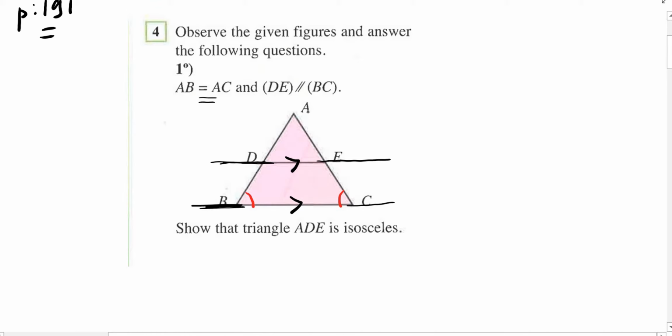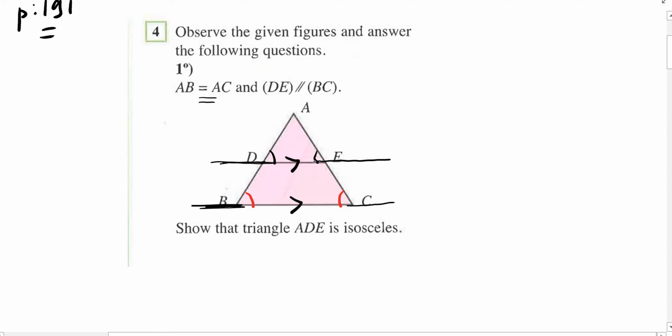Now again, for triangle ADE, I have two ways to prove that this is an isosceles triangle. I either prove that AD is equal to AE, it means I prove that the two sides are equal, or I can prove that by showing that the two angles at the base, which are D and E, are equal.